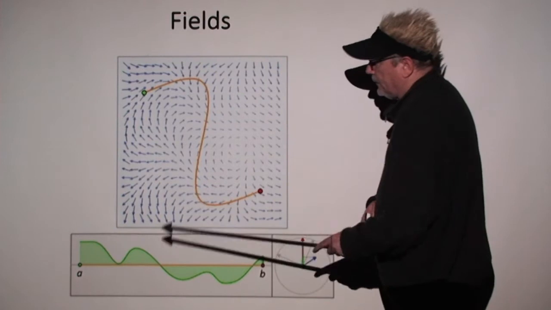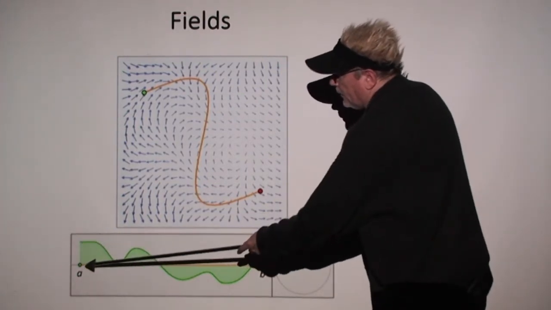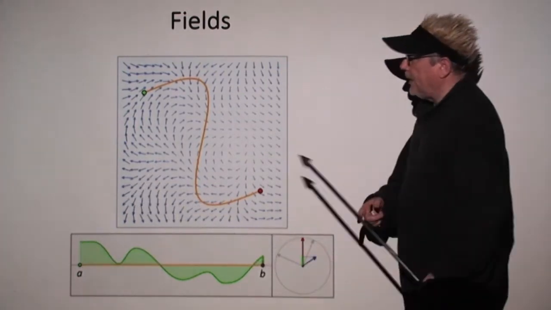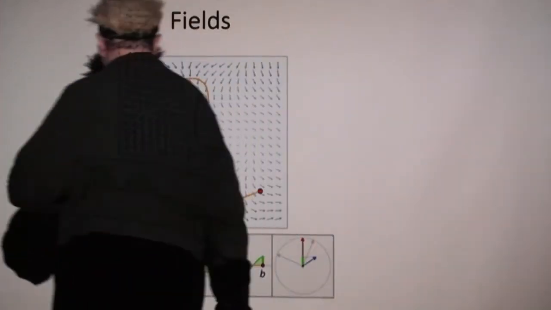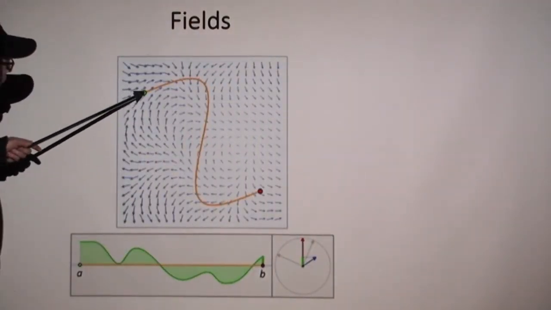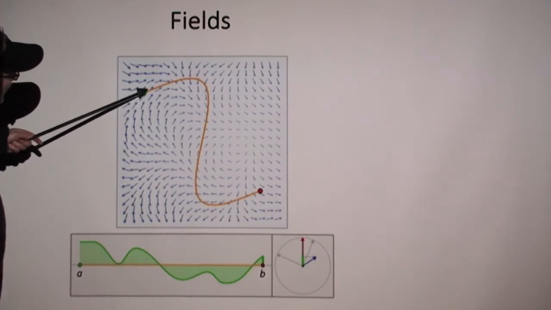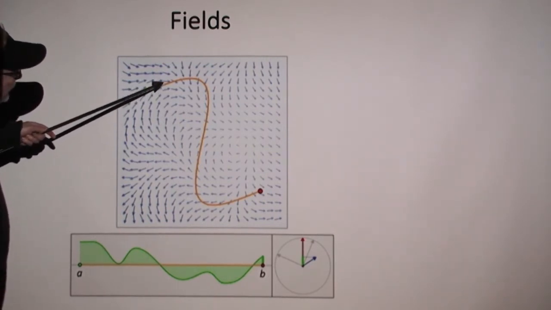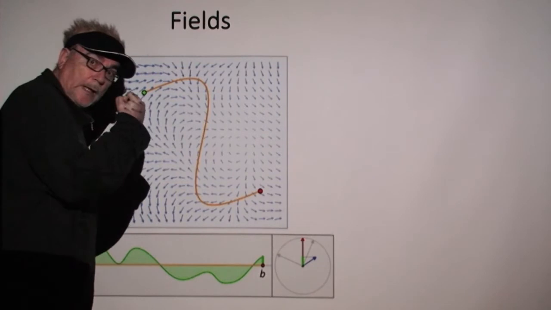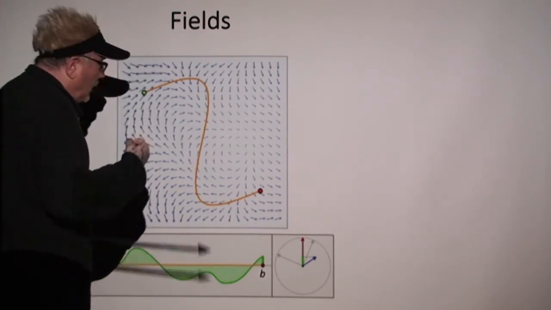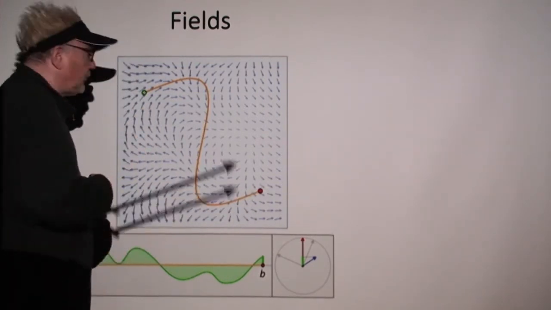And here you see at the beginning the scalar product is pretty high because the particle starts in the same direction as the arrows we have in the field here. So there's a very strong influence of the field to help the particle to move.